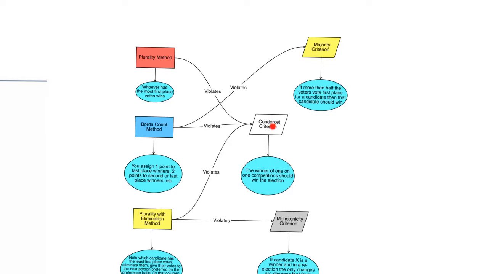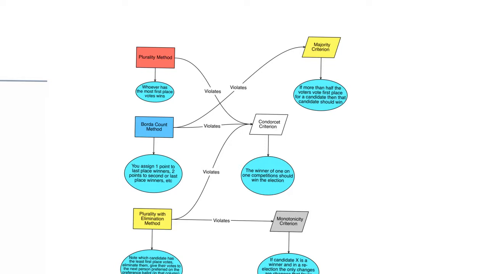The Condorcet criterion once again says that it's not necessarily the person with the most first place votes in the first round of voting who should win. The winner of all of the possible one-on-one head-to-head comparisons should win. So the plurality method violates this one.